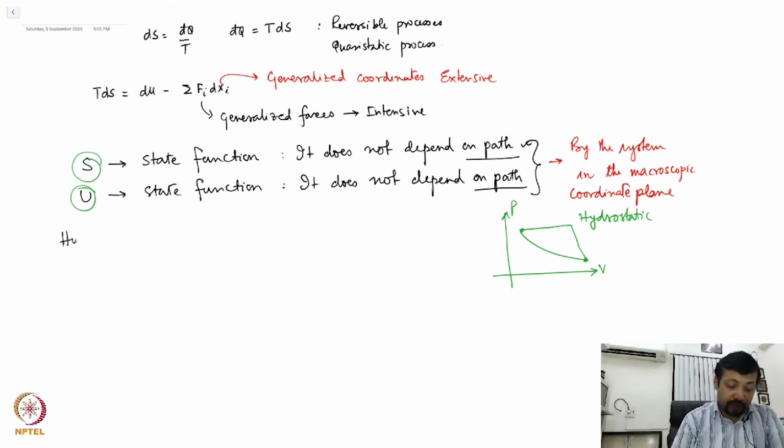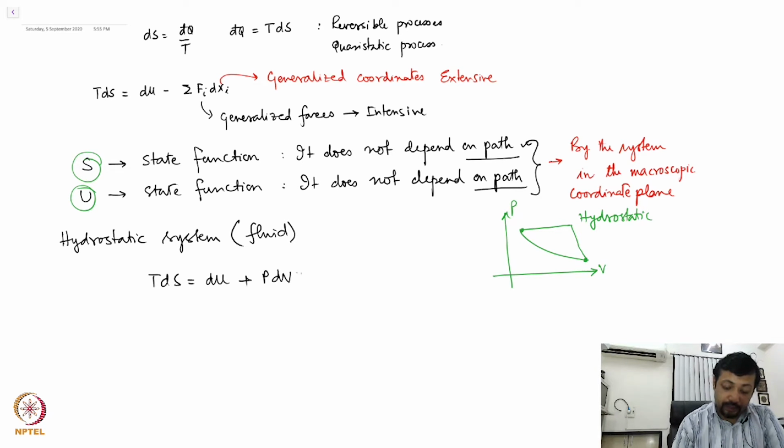So for a hydrostatic system, we will just write it down quickly. For a hydrostatic system, which is essentially a fluid, my first law equation is T dS equals dU plus P dV minus mu dN.